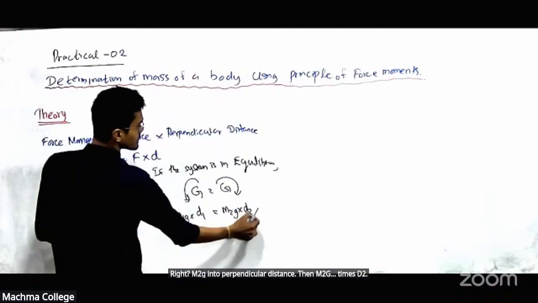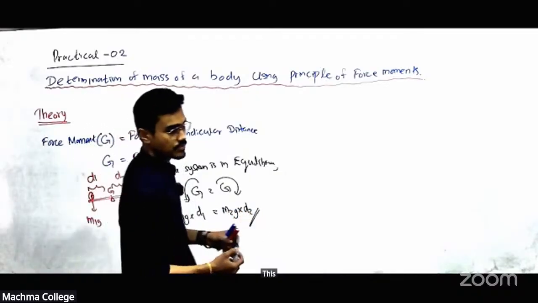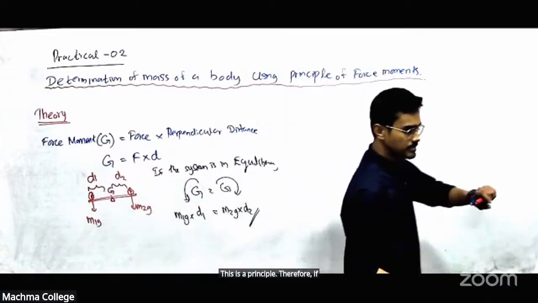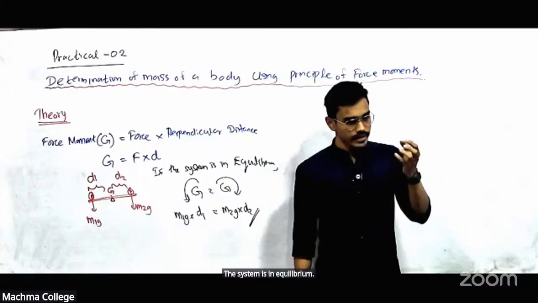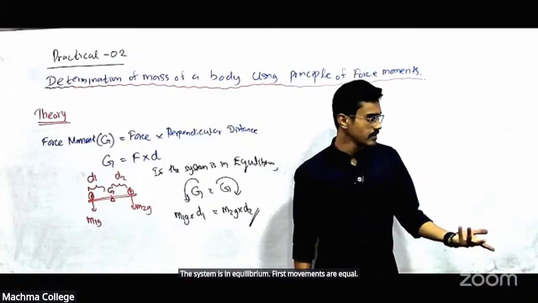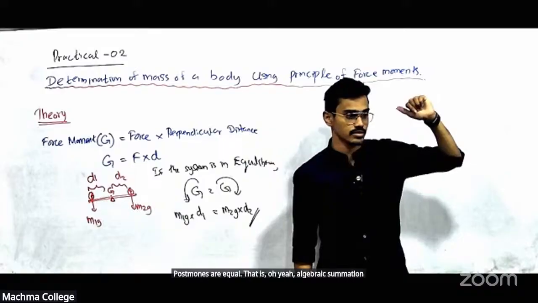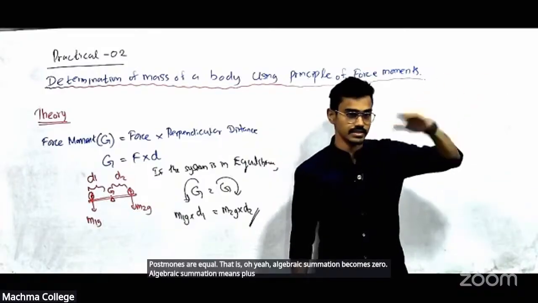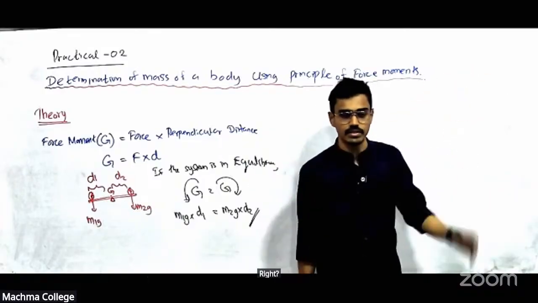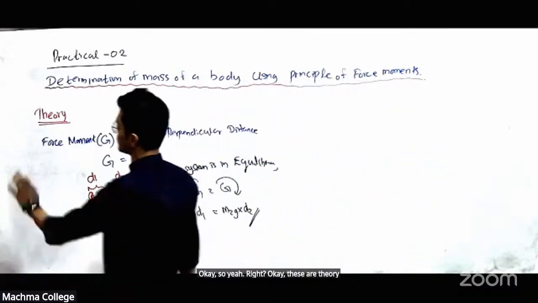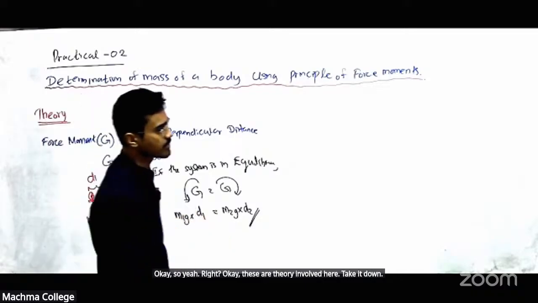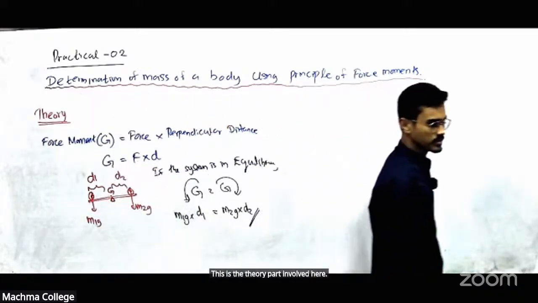So this is the principle. If a system is in equilibrium, force moments are equal. That is why the algebraic summation becomes 0. Algebraic summation means plus minus addition. Okay, this is the theory involved here. Take it down.